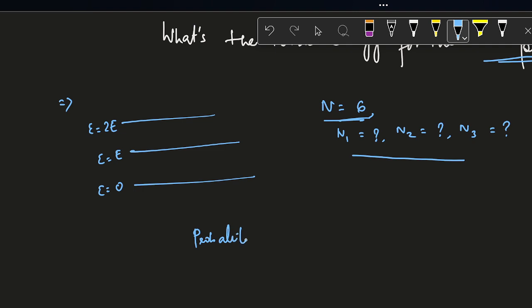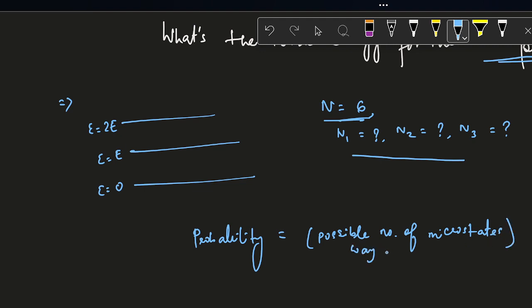You know that the probability for a particular distribution is the possible number of microstates, or possible number of ways to arrange the system, the ways to distribute the 6 particles in 3 levels, multiplied by the individual probability of each energy level per particle.